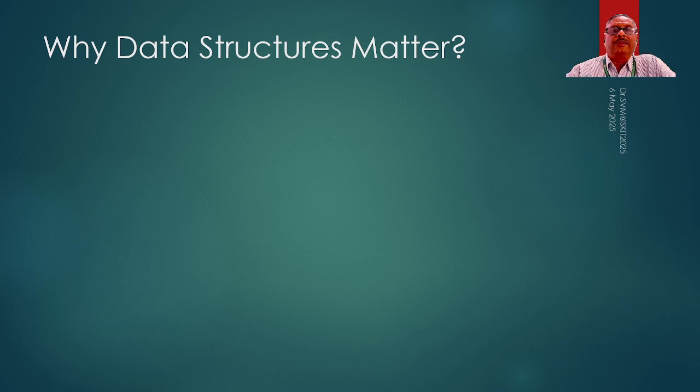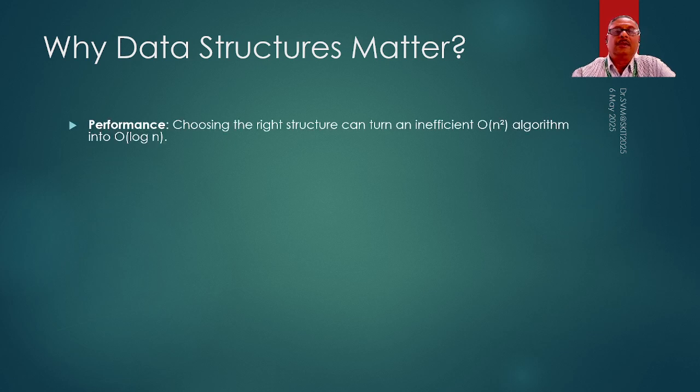So the natural question: why do we require data structures? Why does it matter? One thing is performance. If we choose the right data structure, we can convert an inefficient algorithm into an efficient one.